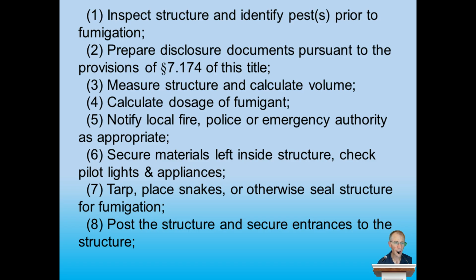Calculate dosage of fumigant. 5. Notify local fire, police, or emergency authority as appropriate. 6. Secure materials left inside structure. Check pilot lights and appliances. 7. Tarp, place snakes, or otherwise seal structure for fumigation.